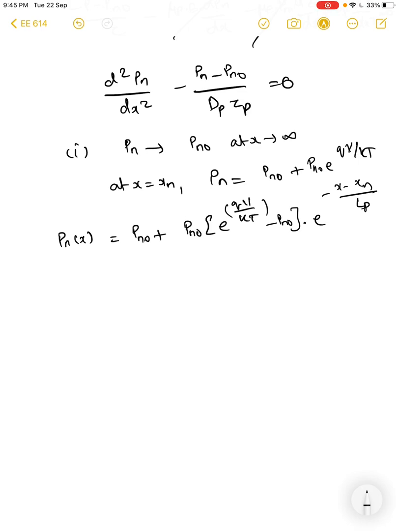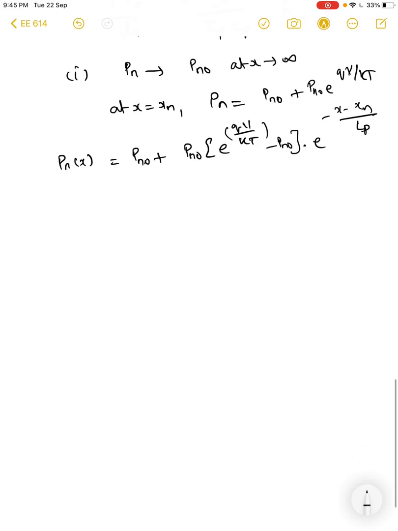It is pretty straightforward because the solution is an exponential solution, and you know the two boundary conditions, and if you substitute you will find this expression pretty quickly.